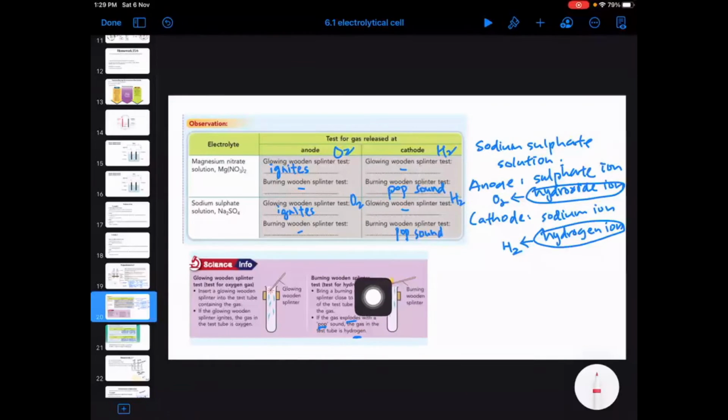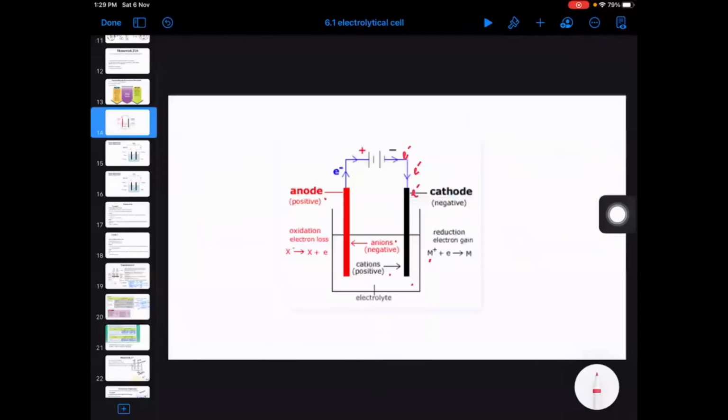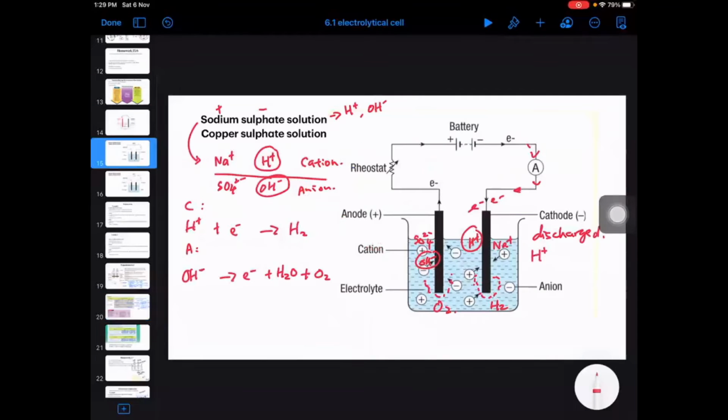It's already burning with fire. You put it in the hydrogen gas, you will hear a pop sound. So glowing wooden splinter ignites for oxygen; for hydrogen gas, burning wooden splinter gives a pop sound. Okay, so far so good.